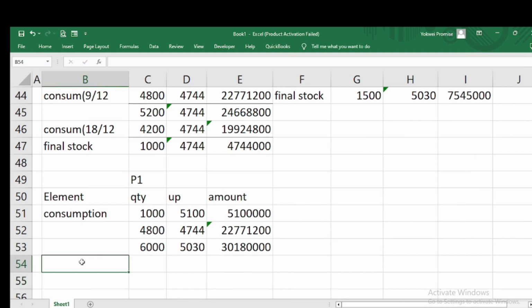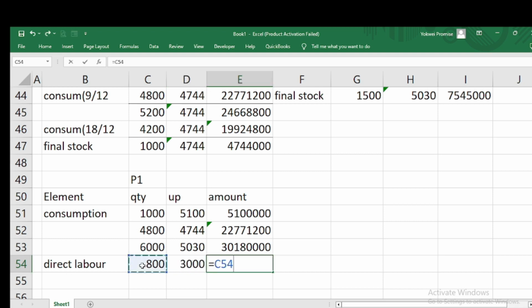So we have direct labor at 800 units at 3,000 francs each. So we multiply, as usual, to have our unit price. So I have 2,400,000.